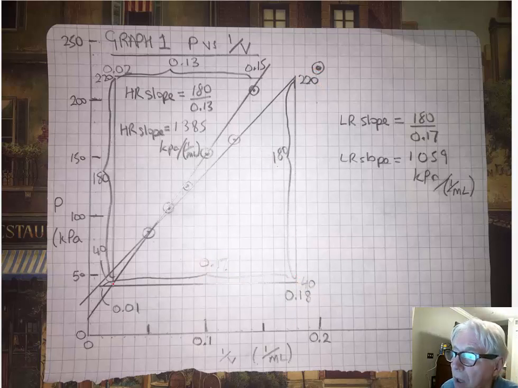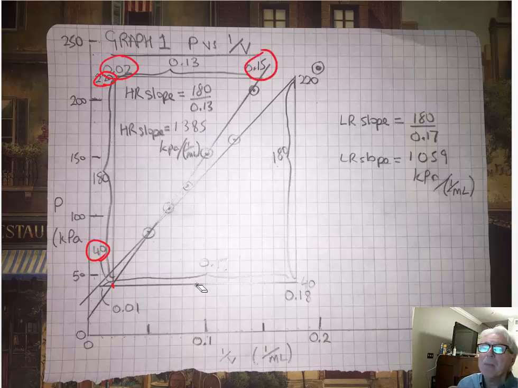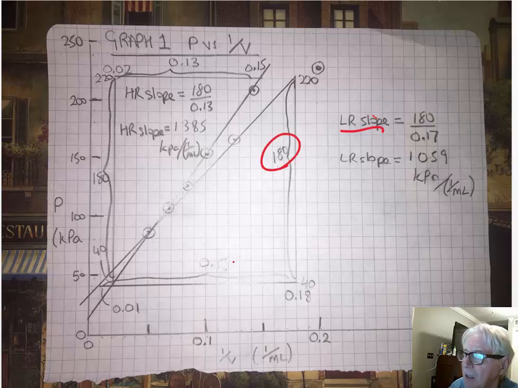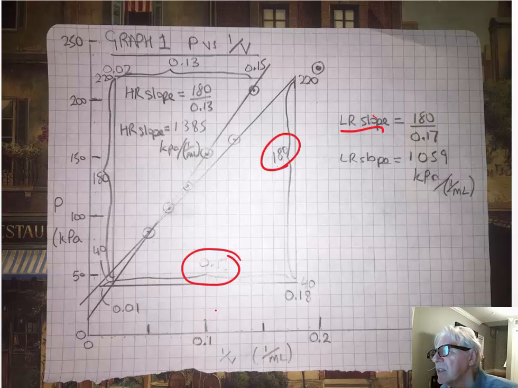Same thing with this top line. I picked a point there and wrote down its value, picked a point there and wrote down its value, and then did the differences. Because this is a working document, it's not a picture, it's not pretty, I was able to work out the lowest reasonable slope, simply taking the 180 divided by 0.17, and I got 1059 kilopascals per 1 over milliliters.